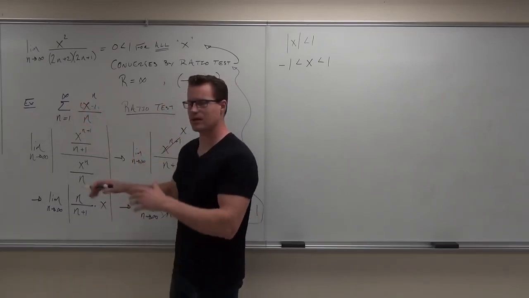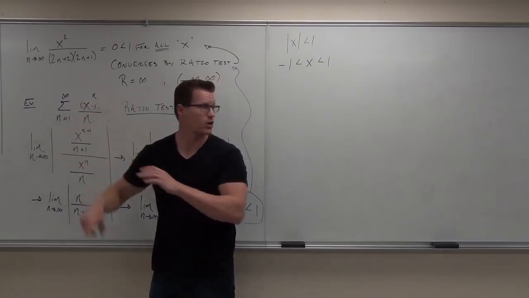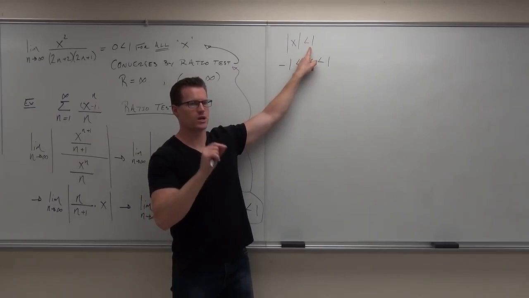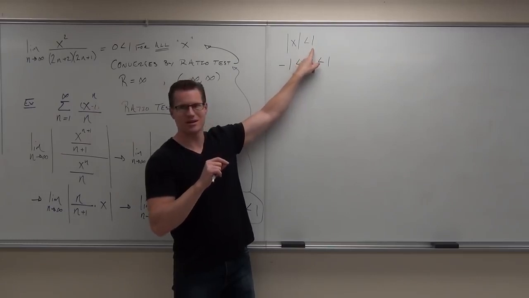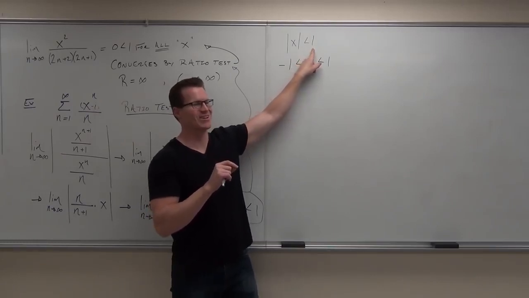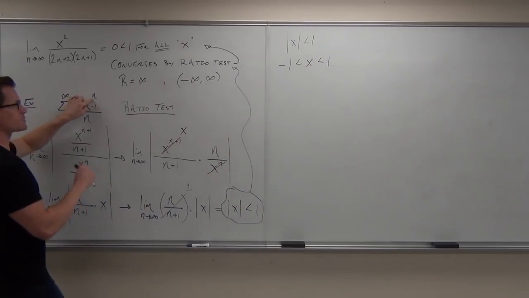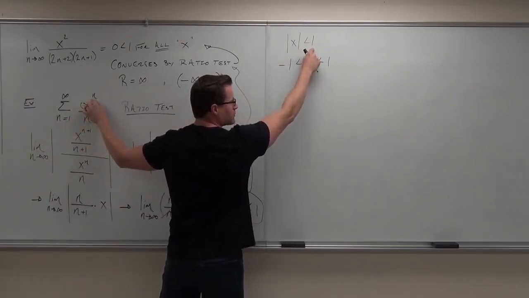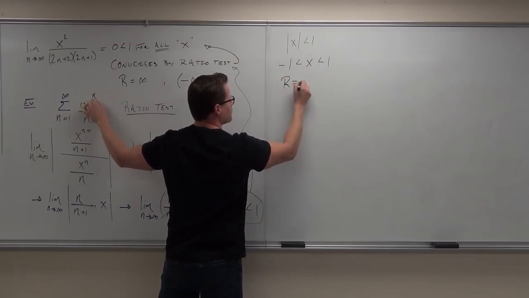Then whatever that number is, that is what your radius of convergence is. So in our case, what number is this? 1. What's the radius of convergence? 1. There you go. So you look for whatever's being raised to this power right here. When you get that, that is your radius of convergence. So the radius of convergence is 1.